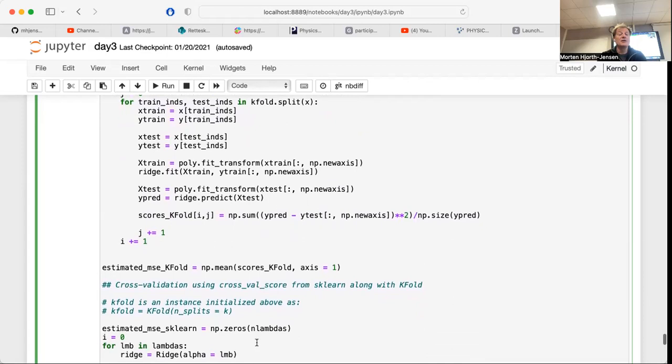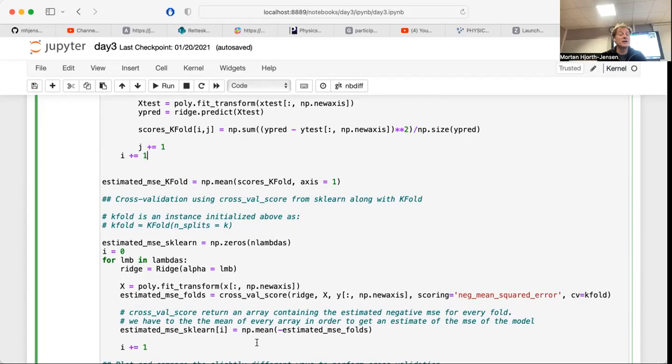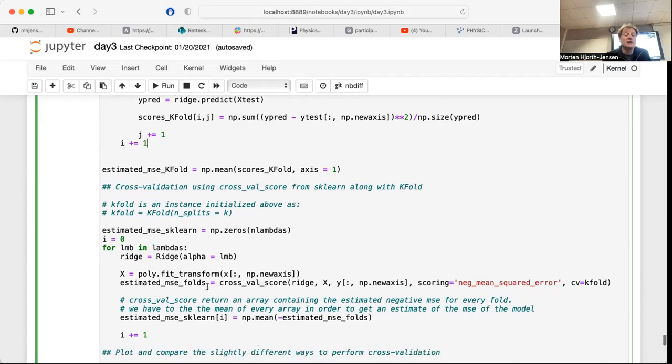Then you can use the cross-validation feature, which is baked into scikit-learn. When you're writing your projects, I normally recommend using this functionality. It saves you a lot of time, and there's not that much insight in just splitting the data like I showed you here. First I do the ridge regression, as you can see here, and I have my data, my design matrix.